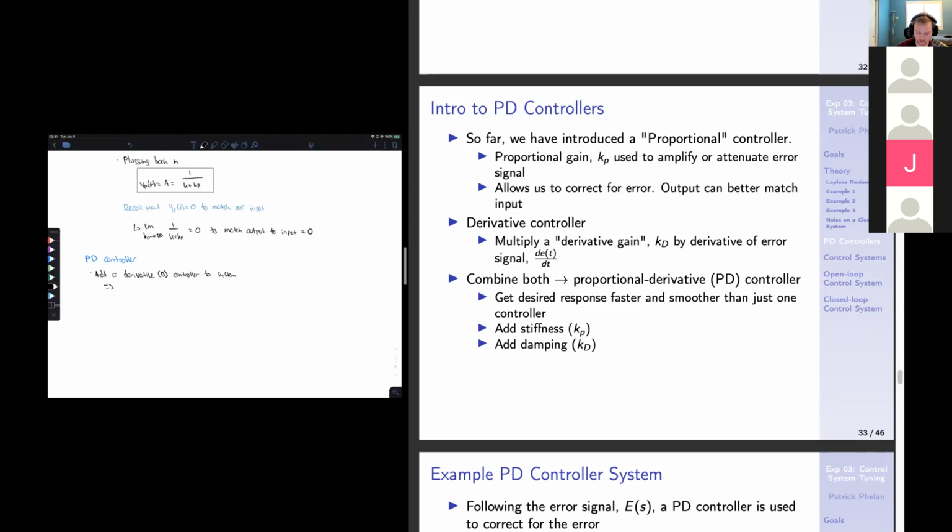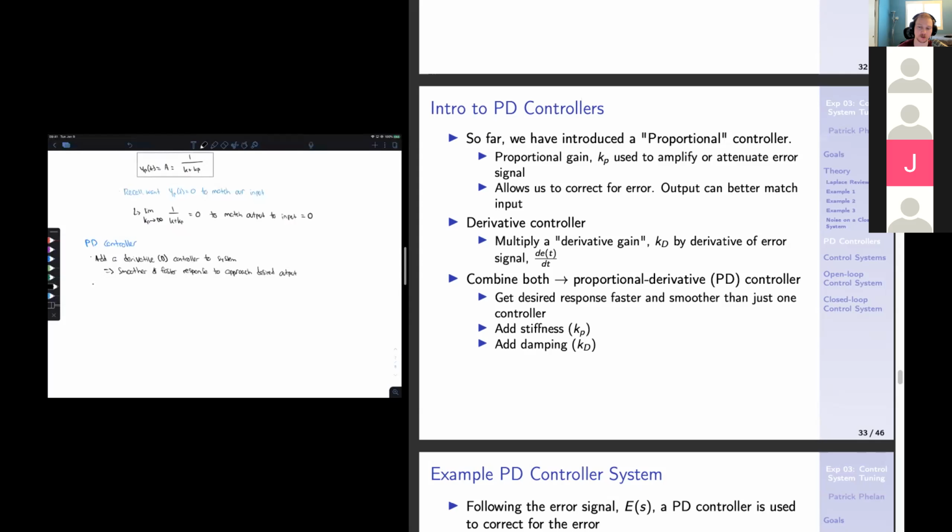And then below that, we'll put a smoother and faster response to approach desired output. Okay. And then we'll write down what a derivative controller actually is. So that's multiplying our, in quotes, derivative gain, which is the derivative of our error.